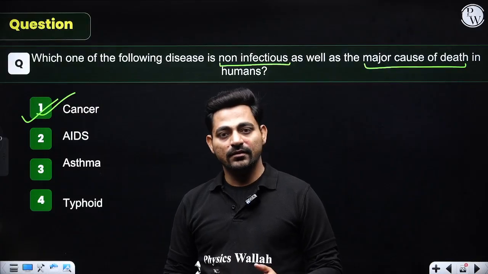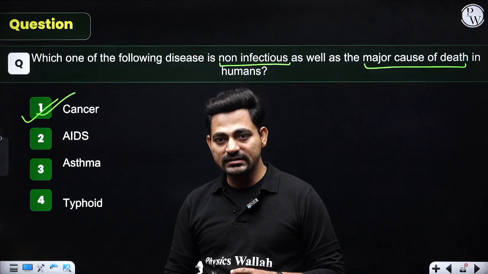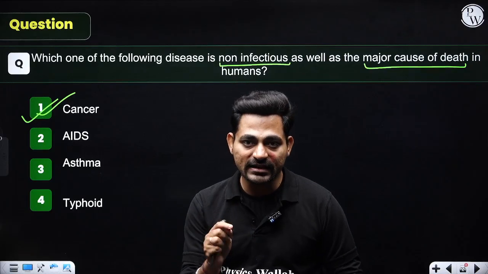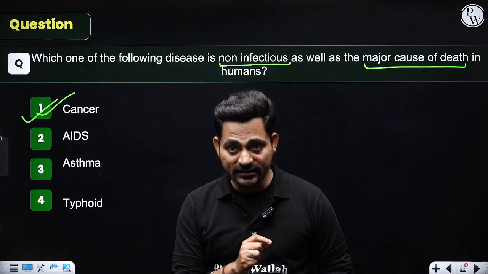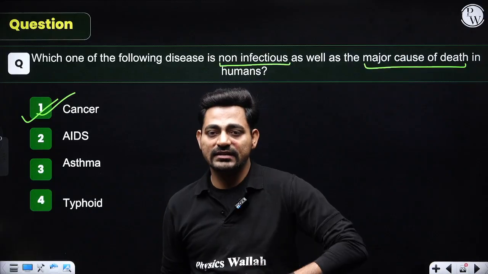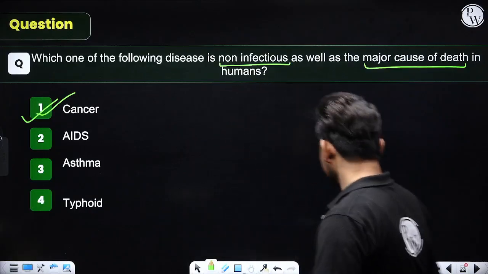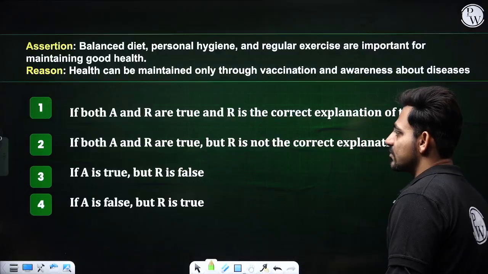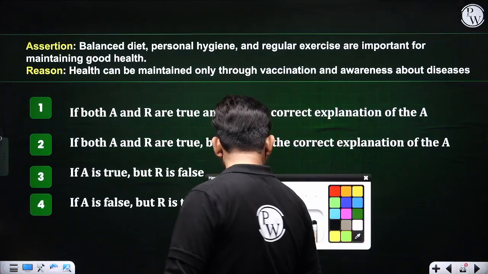Remember, one example of an infectious disease that causes death is AIDS, and one example of a non-infectious disease that causes death is cancer, which is also a major cause of death.